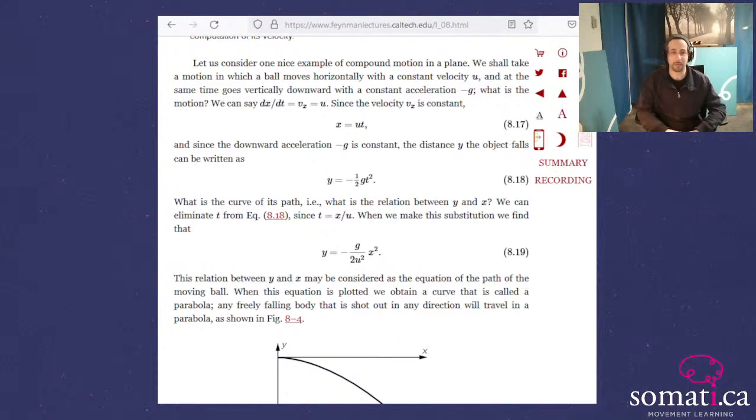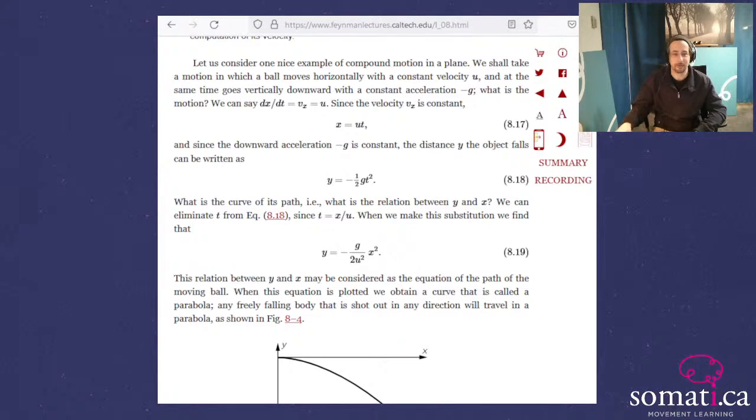What is the curve of the path, the relationship between y and x? We can eliminate t from that second equation, since of the first equation, x over u is t. So we put that substitution in. The y change is negative g over the x velocity squared.